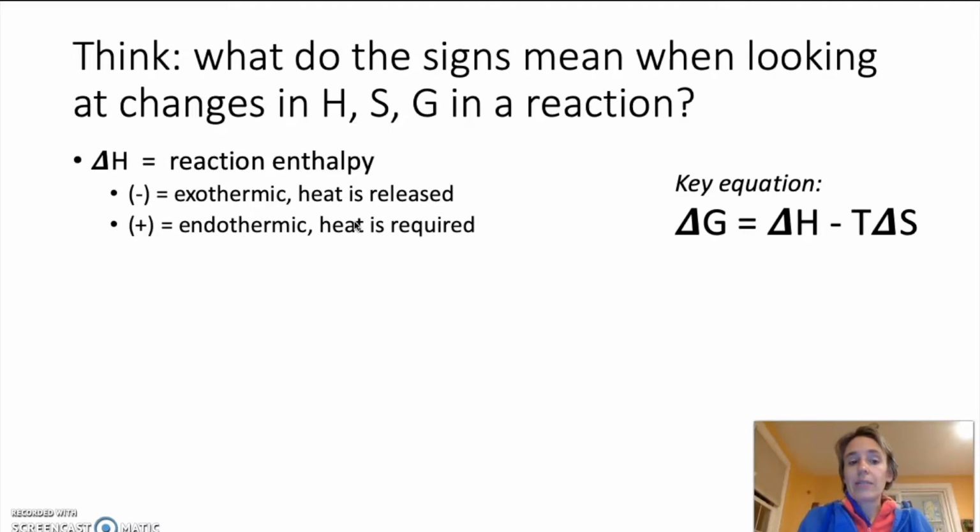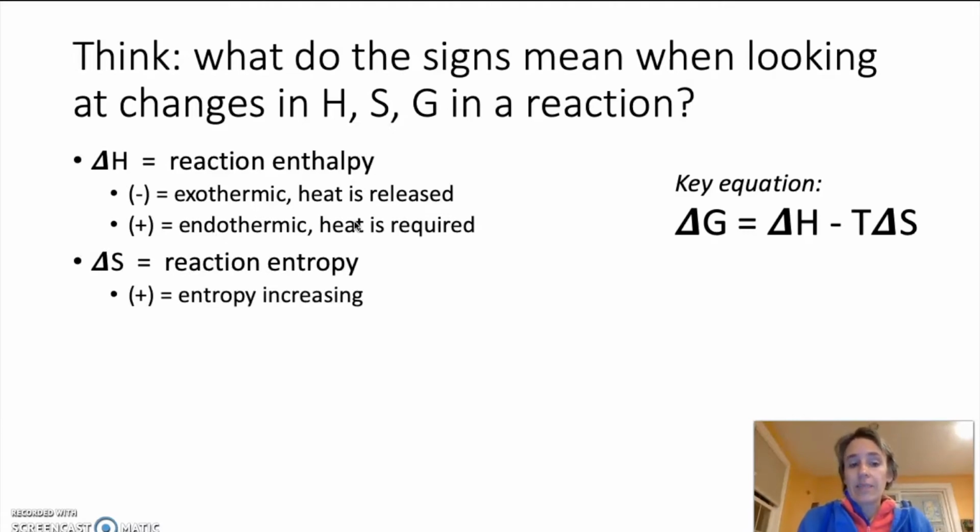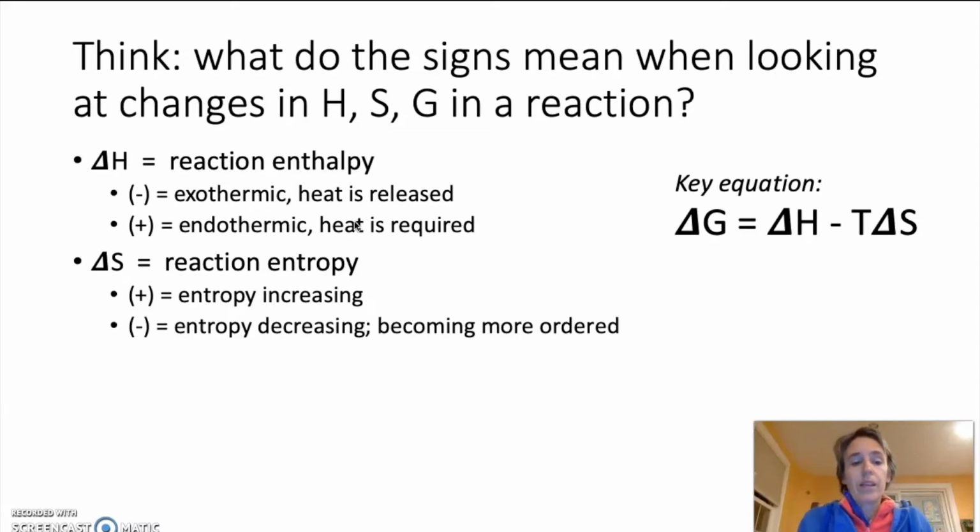If it's positive, then we have an endothermic reaction. We have to put heat into the system. Entropy we defined in the last lesson, and because we define delta terms as final minus initial, if it's positive, that means entropy is increasing. Our matter and energy are getting more dispersed. If it's negative, entropy is decreasing, and the system is becoming more ordered.